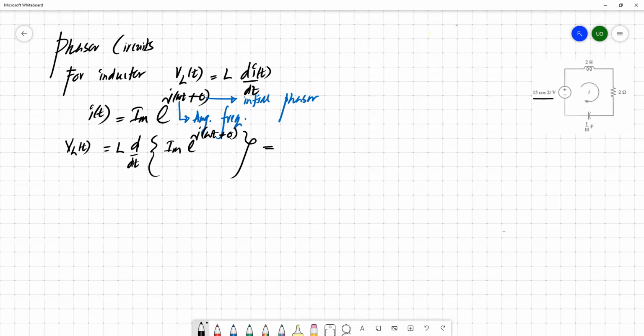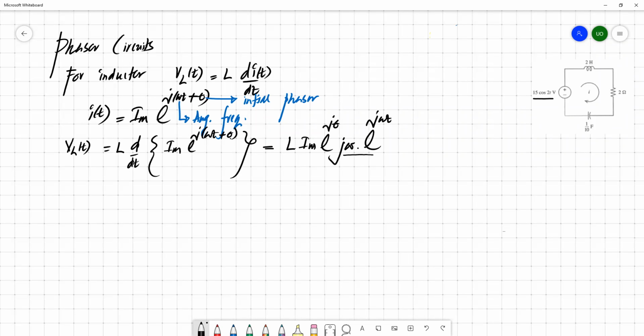Then this becomes L Im e to the power j theta times the derivative of e to the power j omega t, which gives j omega e to the power j omega t.